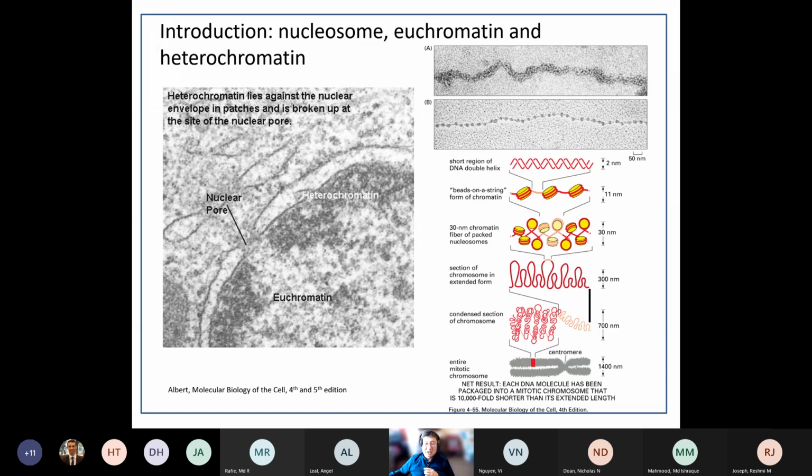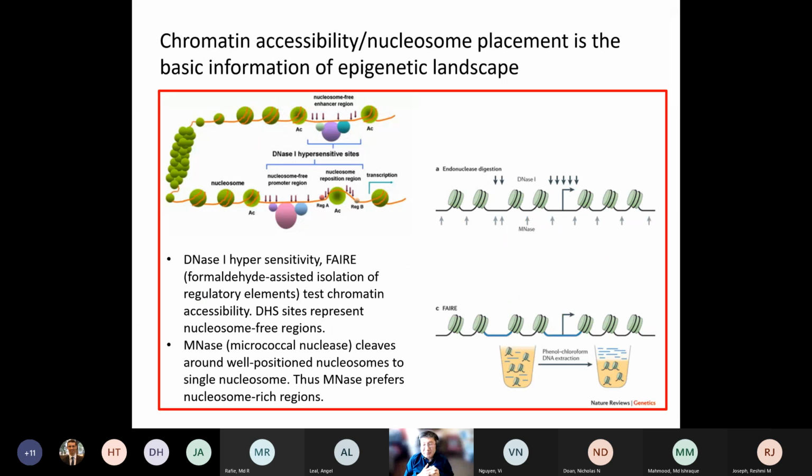It is so packed up that no transcription factor or RNA polymerase, the components required to transcribe a gene, can access the genes. The genes are now hidden inside the structure. So epigenetics is about studying how condensed, how packed, the chromatin is. To make it simple, you can say that.